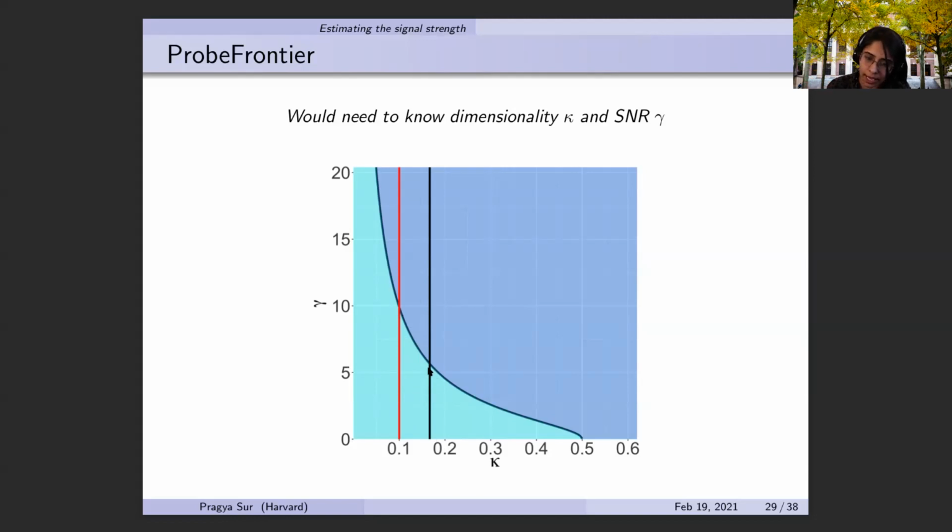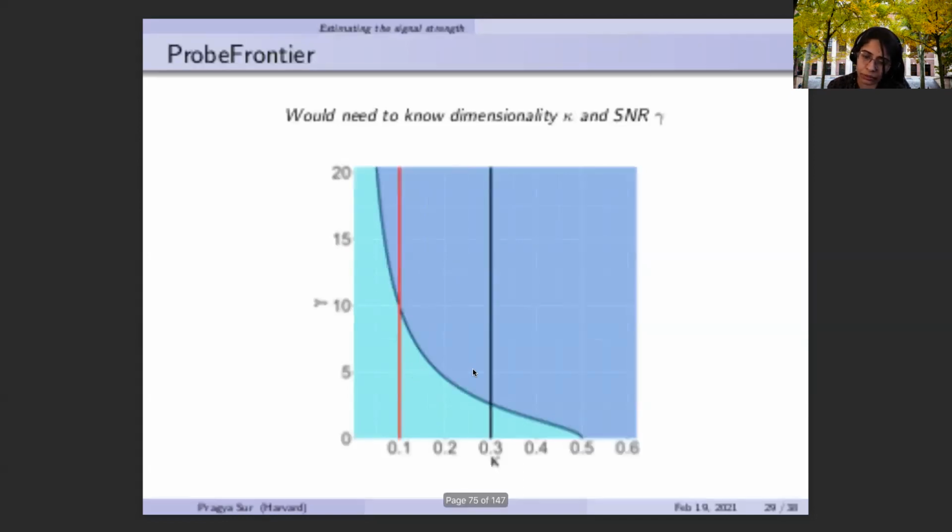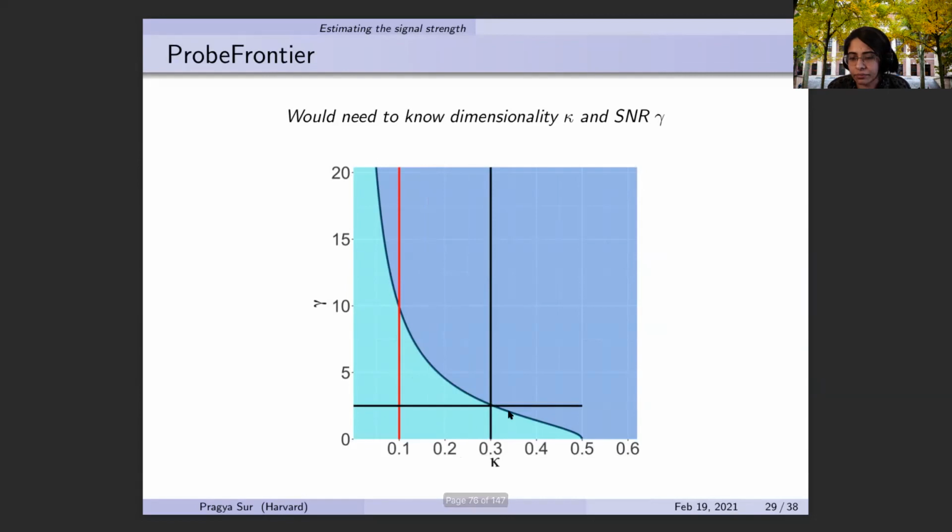Okay. And you can subsample many such data sets, then take an average and estimate for what proportion of these the MLE exists. If the proportion is above 0.5, you declare that the signal strength lies here. And if it is below 0.5, it lies somewhere in between. And you keep on doing this till you hit the first time you find that the MLE ceases to exist.